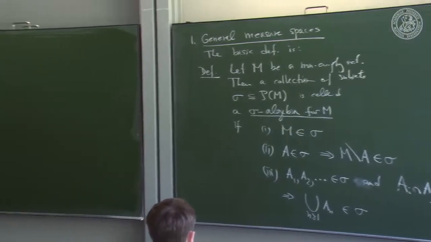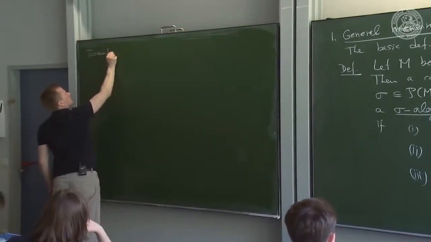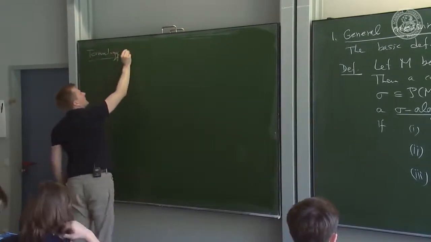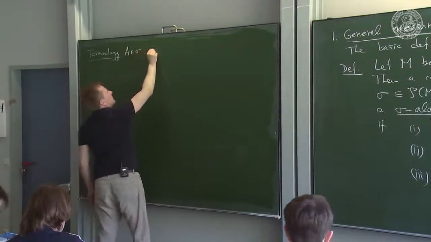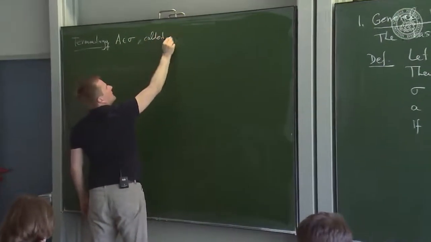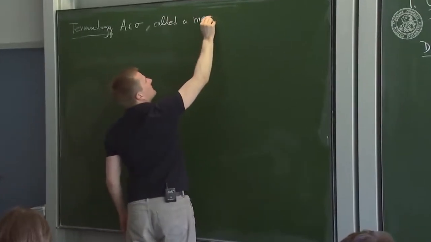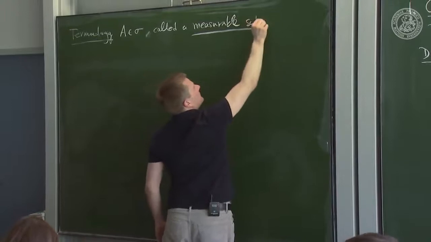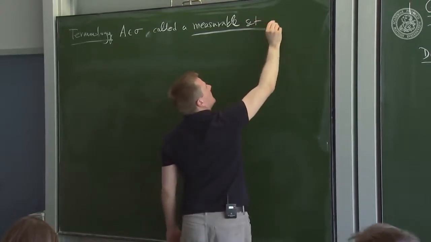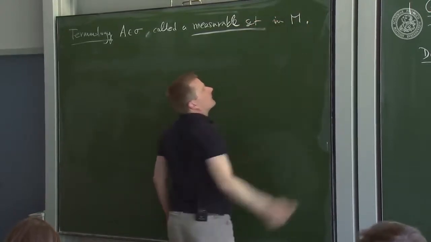So terminology. If you have an A in sigma, it is called a measurable set. It's called a measurable subset in M. Okay?